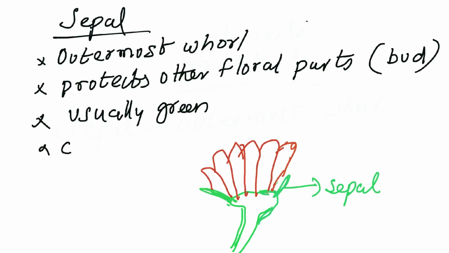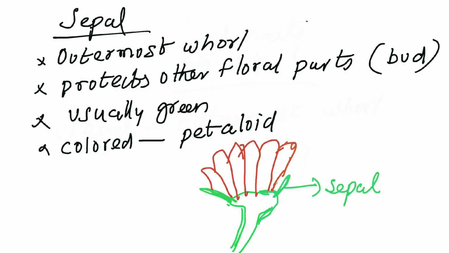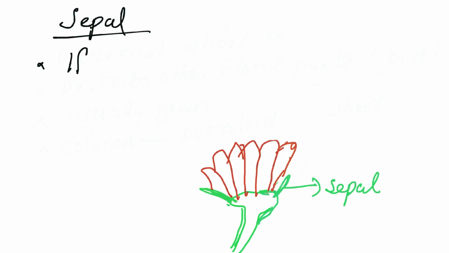There are cases in which it's colored other than green, and such colored sepals are called petaloid. That means something looking like a petal. So colored sepals are called petaloid sepals, and sepals can also be divided on the basis of their components.